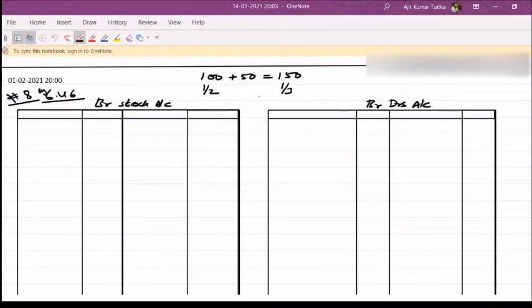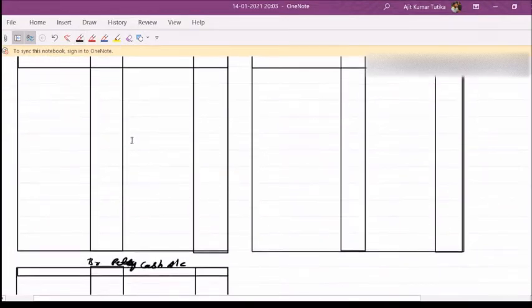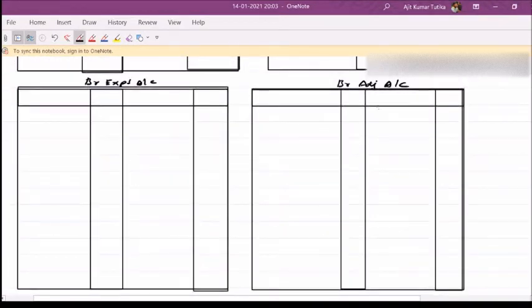Now, stock on 1st April 2015 at invoice price. He is saying it is invoice price, so let us take here 9,300. We should always account at invoice price. Whenever there is invoice price, there is loading, so go to the branch adjustment account and write here by stock reserve. You have to write it on the opposite side, which is the credit side.